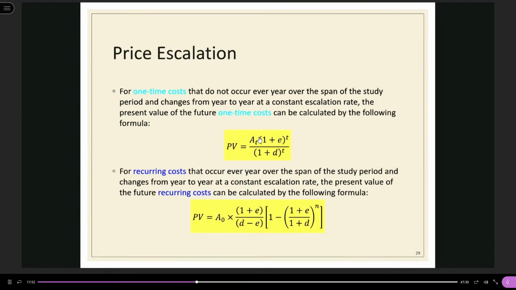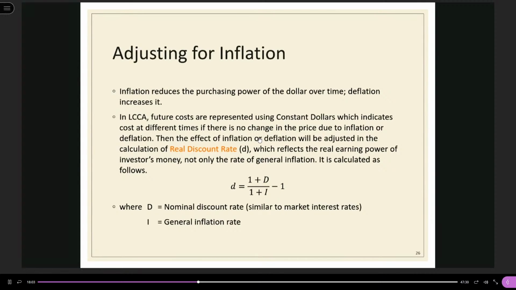And please note that this D is the real discount rate. Earlier we had this equation. This D is the real discount rate, which has already considered the inflation, so it reflects the earning power and also the general inflation rate.